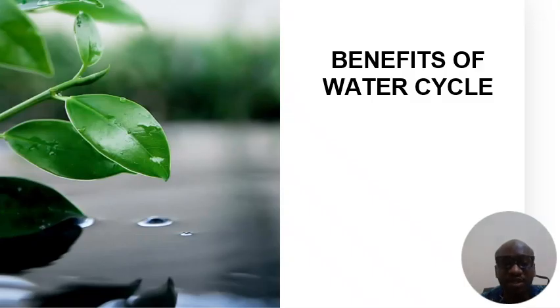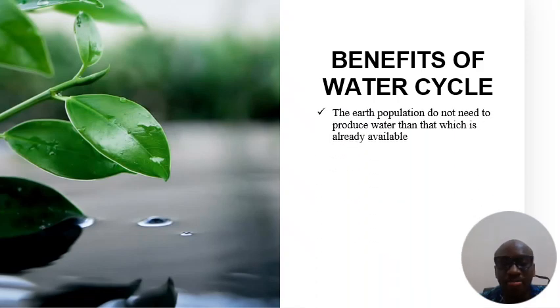The benefit of the water cycle. What are the benefits of the water cycle? The earth produces a lot of living things such as plants, animals, and so on. So the earth does not need to produce new water that will satisfy all these. All these depend on water that is available.